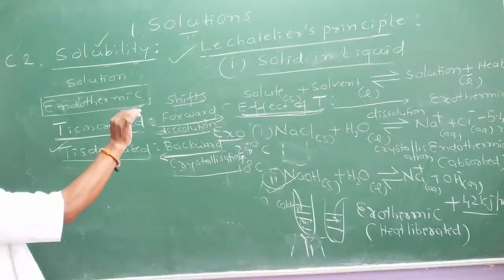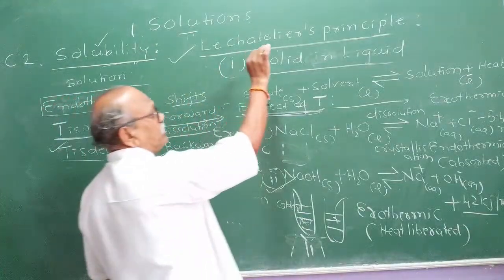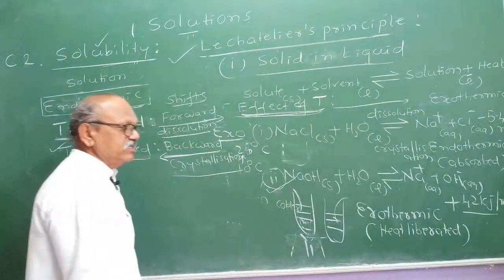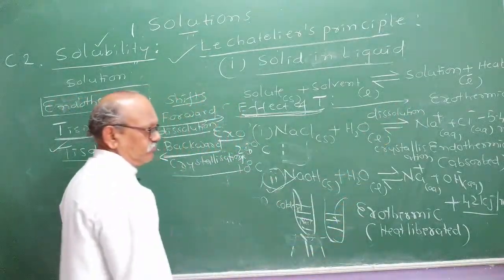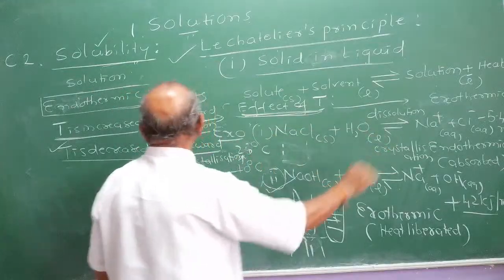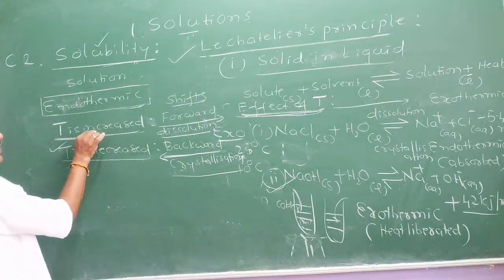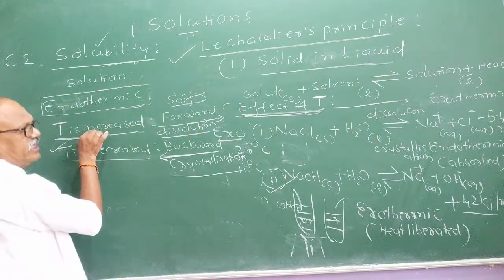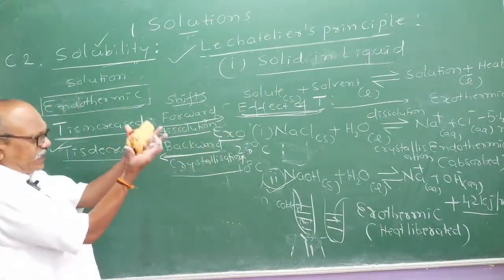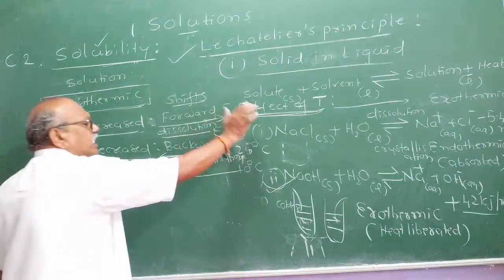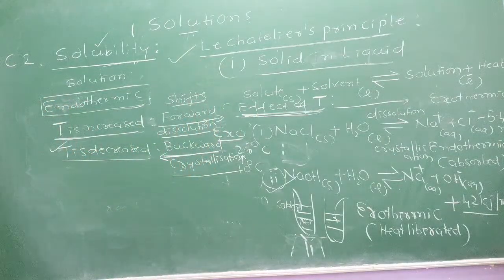So, effect of temperature on the solubility of a solid in liquid is, if the forward reaction is endothermic, when the temperature is increased, to nullify the effect, more forward reaction takes place, so that heat energy will be absorbed, again equilibrium will be maintained.